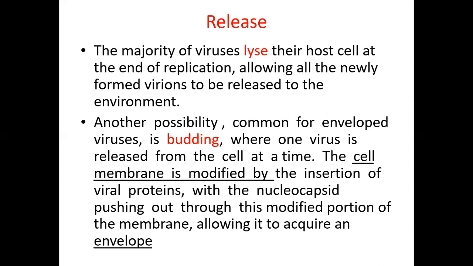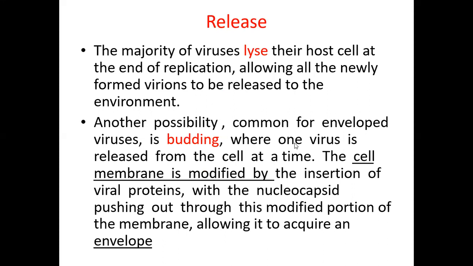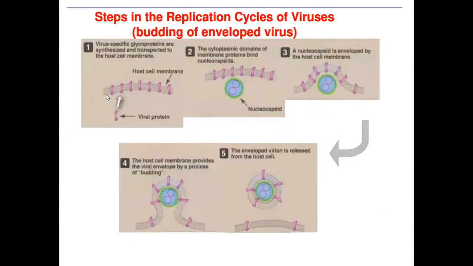The cell membrane is modified by the insertion of the viral protein, with the nucleocapsid portion going through this modified portion of the membrane, allowing it to acquire an envelope. Look at this next picture. Here we can see how the virus can modify the host cell membrane with viral proteins.